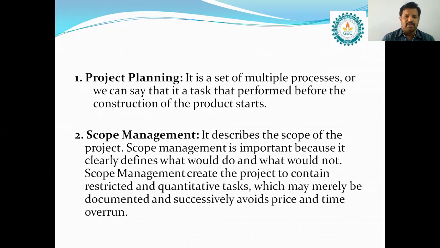Coming to the second one, that is scope management. It describes the scope of the project. Here the scope is nothing but what the project is going to do and what it would not do. That is called the scope of the project. Scope management is important because it clearly defines what to do and what not to do, right?